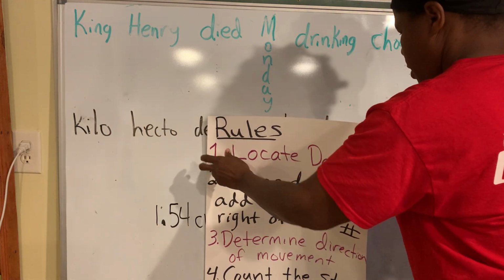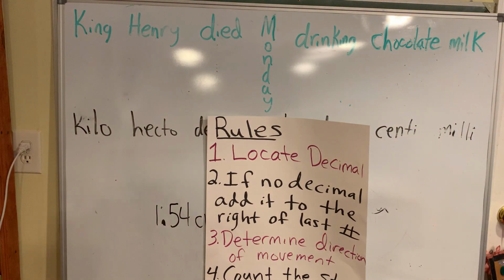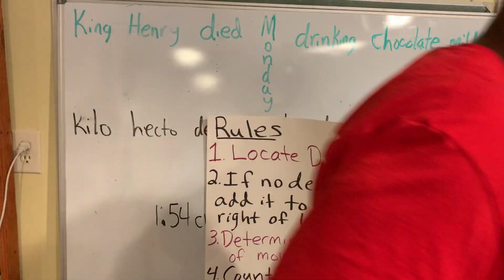Wait a minute, can I get this thing? Don't move. Let me see if I can see it. Oh, I can't see all the rules. Let me just make that. Wait a minute.